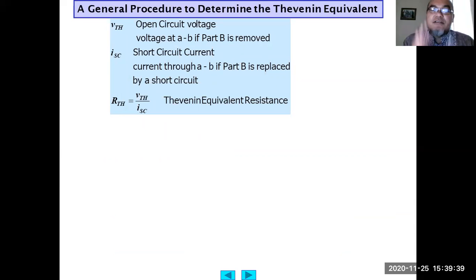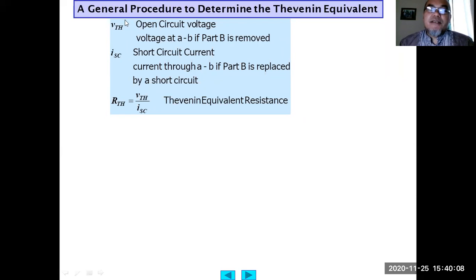Basically, first is to determine the V open circuit. When the circuit at the terminal is being cut, so the load is being taken out, it is now hanging as an open circuit. Then we determine the voltage at that end, which becomes the open circuit voltage, and that open circuit voltage will become the Thevenin equivalent voltage source.